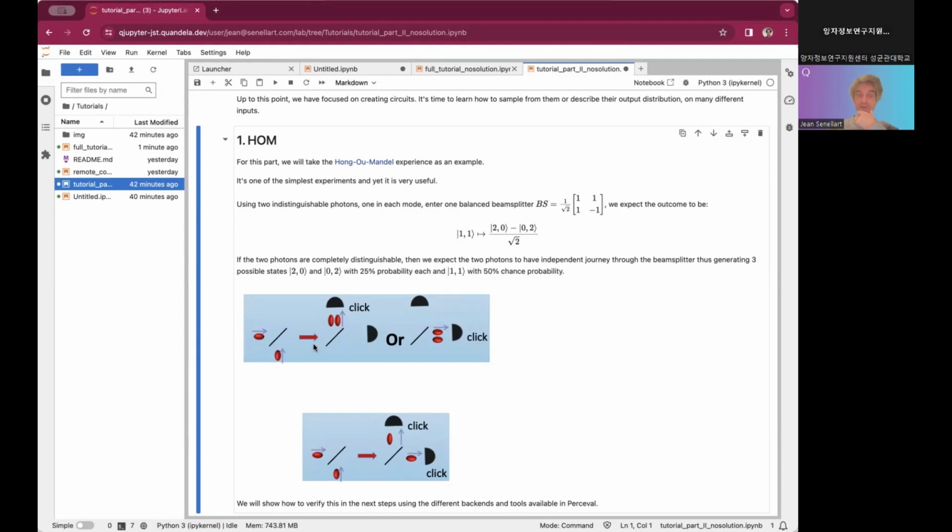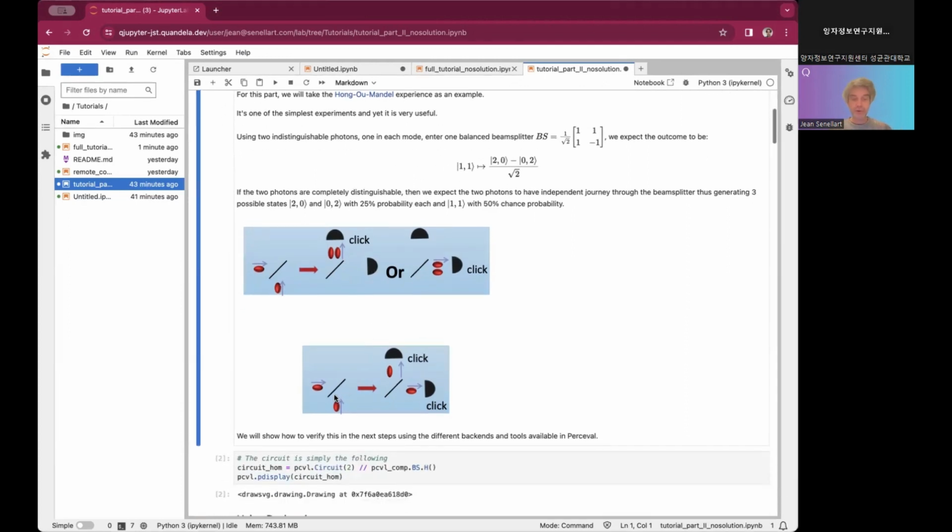The setup is very, very easy. You are sending 2 photons on a beam splitter, and you have 2 detectors. If the photons are exactly indistinguishable, they will interfere, and they will interfere by selecting one of the detectors.